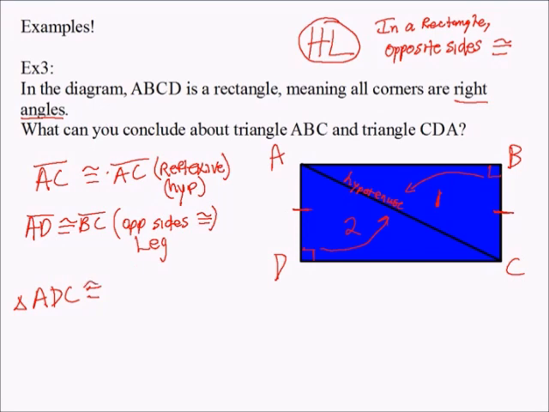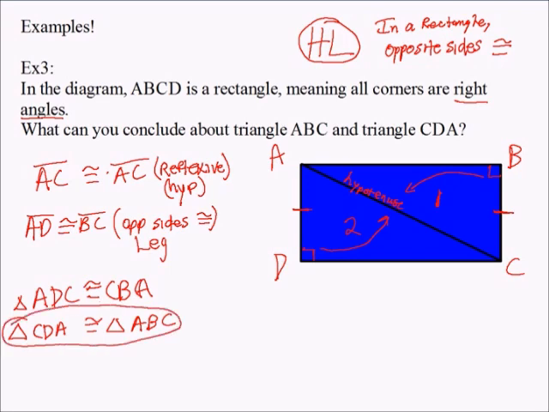And I don't know why I did that, because really we were talking about these two triangles. So if that confuses you, go ahead and say CDA, same triangle, is congruent to triangle ABC. I would have accepted either one.